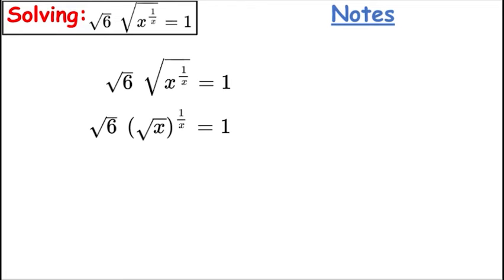Okay, our next step will be just to bring across the square root 6. We will have the square root of x all to the power of 1 over x is equal to 1 over, so we're going to divide across, we get square root of 6 as the denominator.